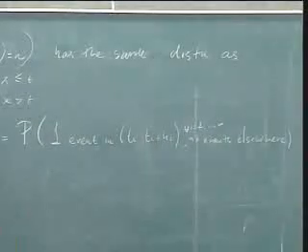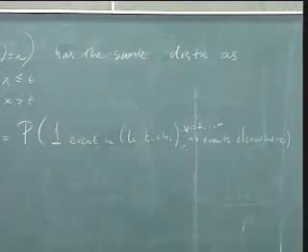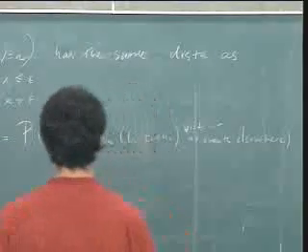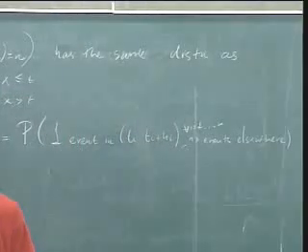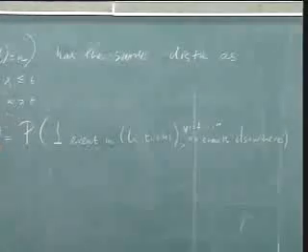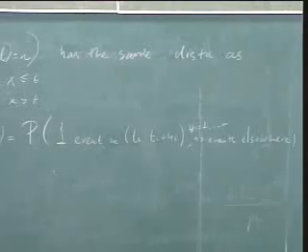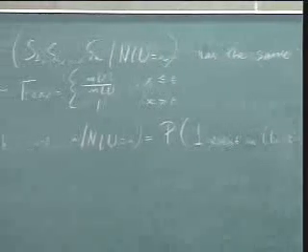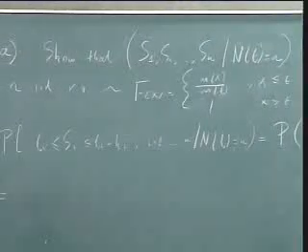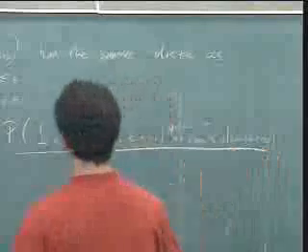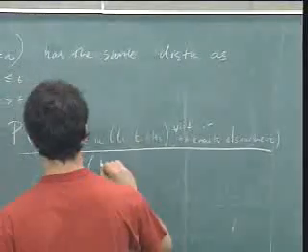Okay. Sorry, there's a probability of t_i less than S_i less than t_i plus h_i, for i equals 1 to n. And this is, of course, divided by the probability that N(t) is equal to n.